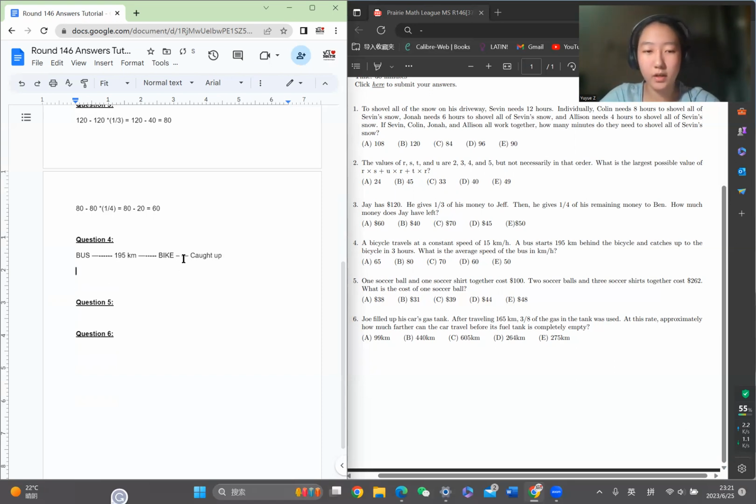So the distance that the bike travels before it is caught up is the distance that it travels in 3 hours. So 3 hours times 15 kilometers per hour equals 45 kilometers. So let's fill in the distance here, 45 kilometers.